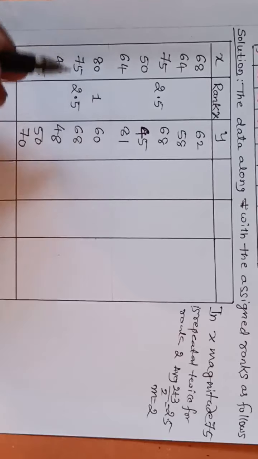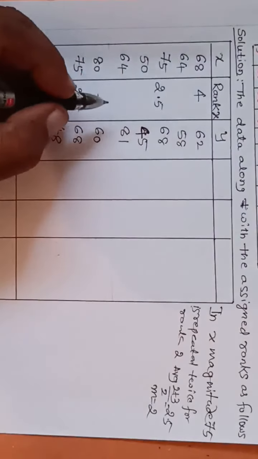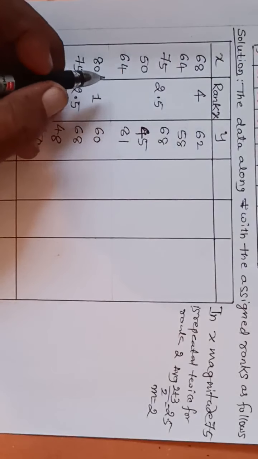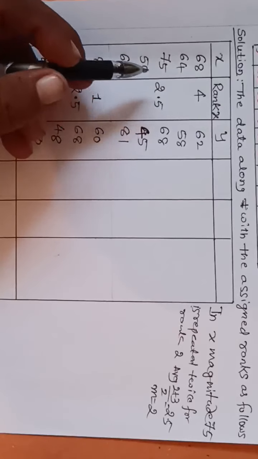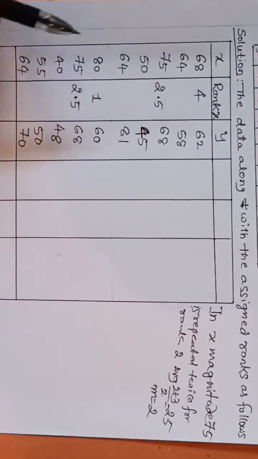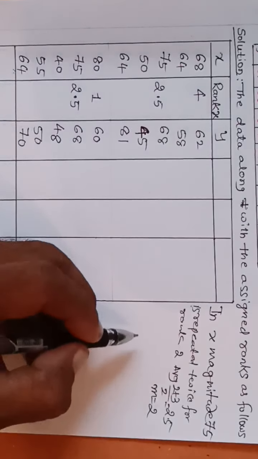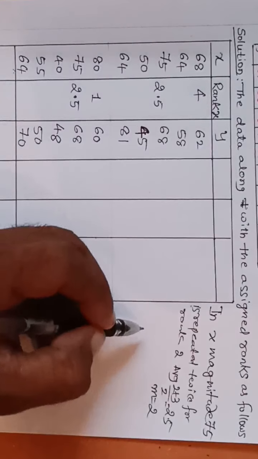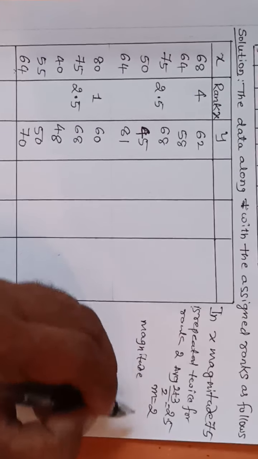Next, the fourth one is 68. Then we move to the fifth one, 64. 64 is repeated thrice in the X magnitude.